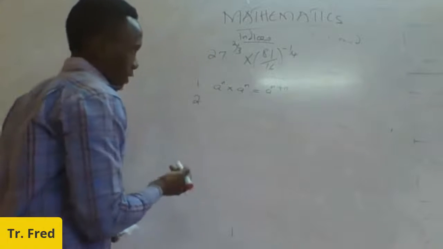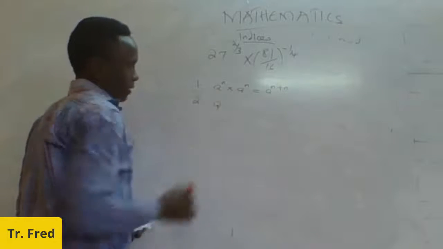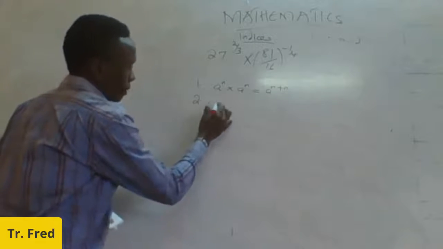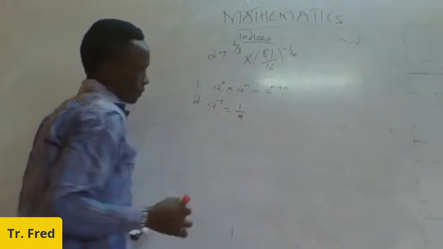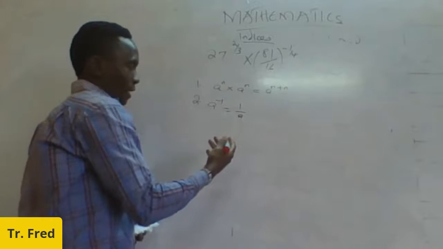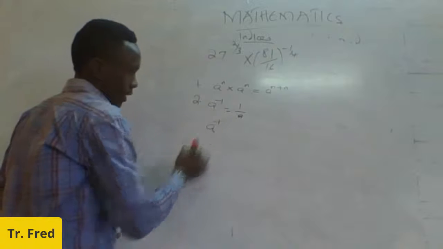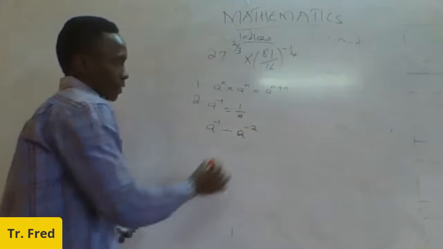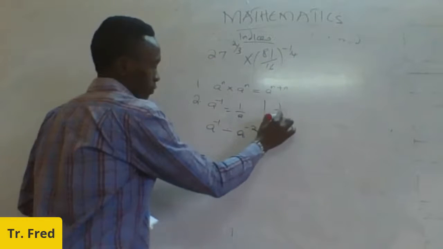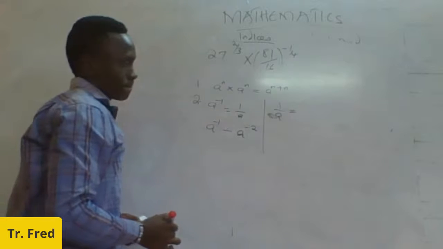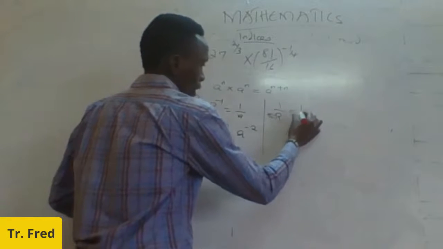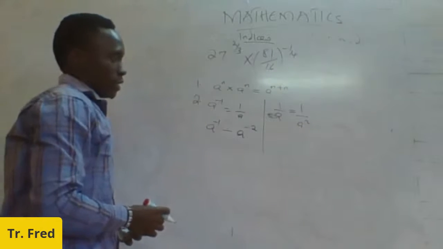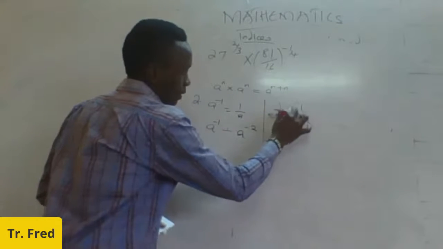There's also another law which says that if a given number a is raised to the power negative 1, it is simply 1 over a. And if, for example, you have a power negative 1 divided by a power negative 2, then this will be 1 over a divided by 1 over a squared.